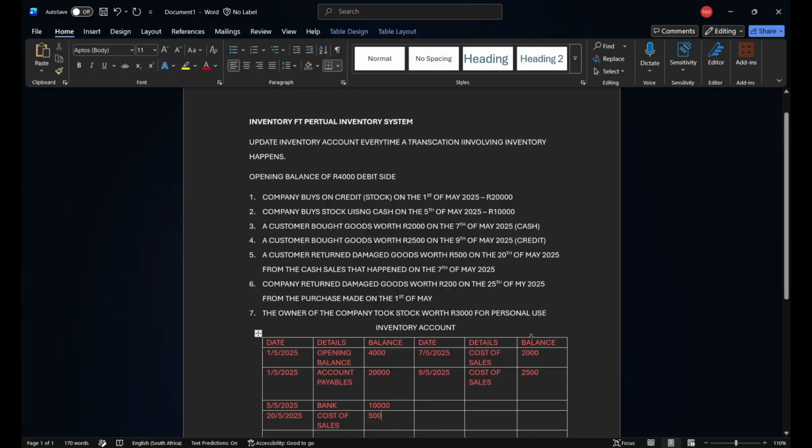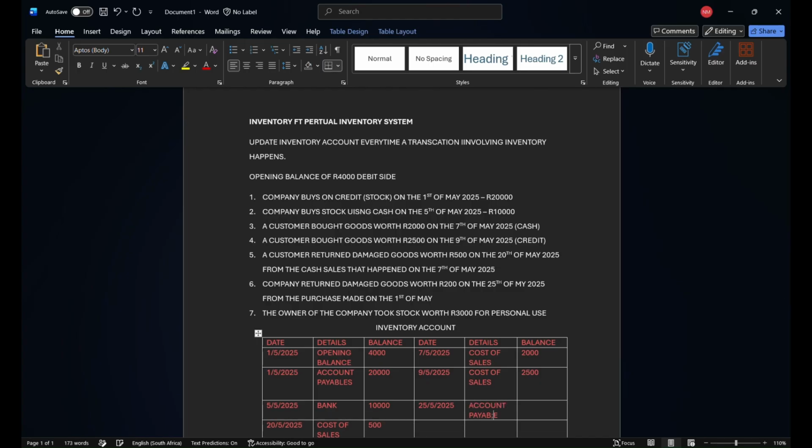That's it. And then on transaction number 6, the company returned damaged goods worth 2,000 rand on the 25th of May. So stock here is decreasing, because the company is taking back what they bought from the supplier. So the stock is decreasing. The date is 25 May 2025, and then under details, you're going to have account payables.